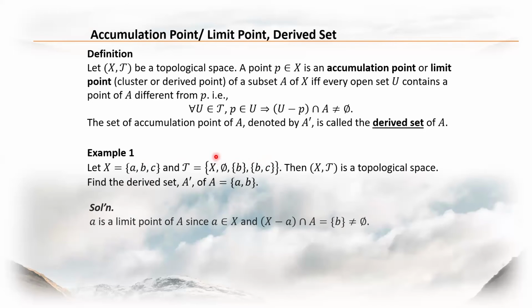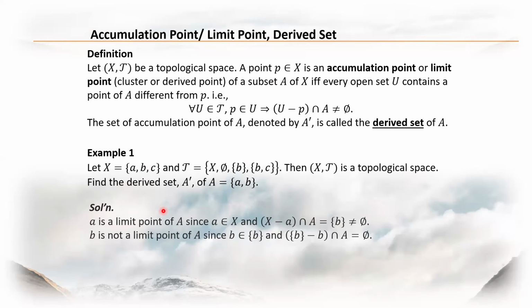If you check X, X minus b intersected with A is not empty. And also {b, c} minus b intersected with A is not empty. But if you consider the set containing b and then remove b from that, you have an empty set. Intersect it with A, the result is an empty set. So therefore, b is not an accumulation point, right?